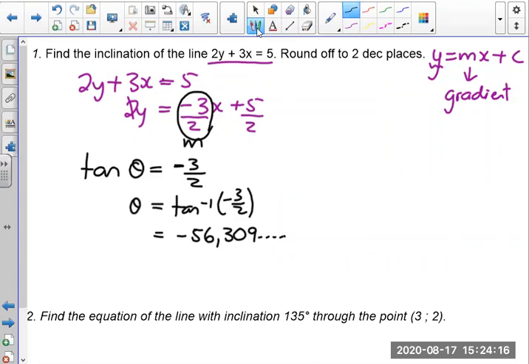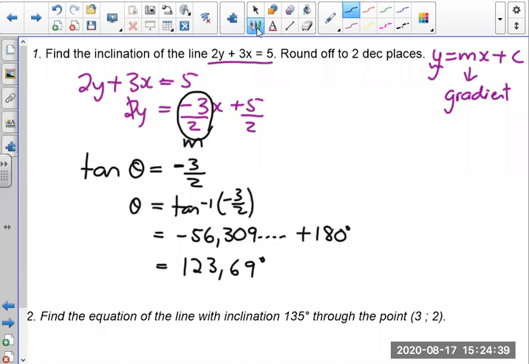I don't want a negative answer because inclination is positive. So I must add 180 because my calculator gave me the negative answer. And if you add 180 and you round off to 2 decimals, you're going to get 132,69.